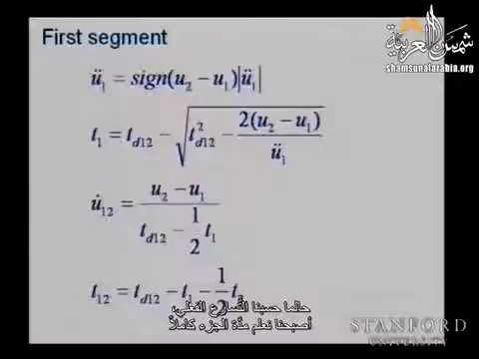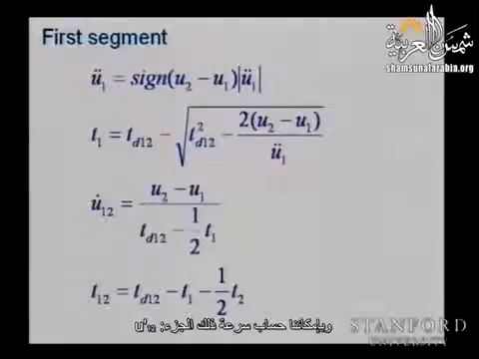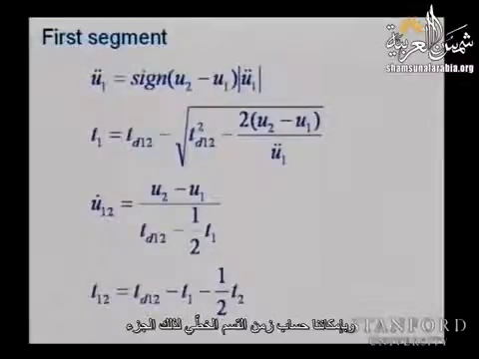Once we compute that, and we know the duration of the entire segment, then we can compute t sub 1 using that. Then we can compute the velocity for that segment, u dot 12, and then we can compute the time for the linear part of that segment.